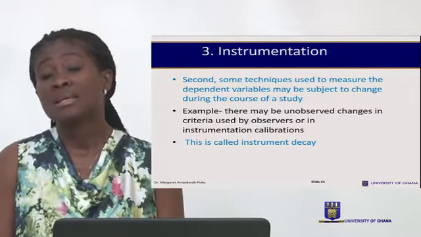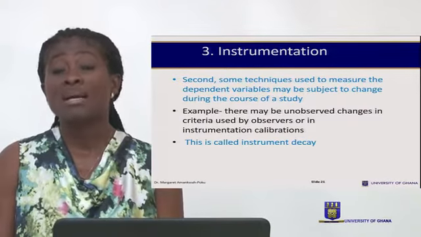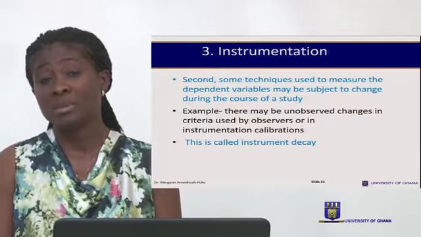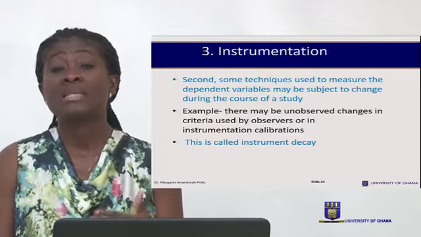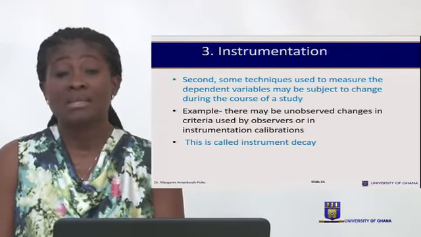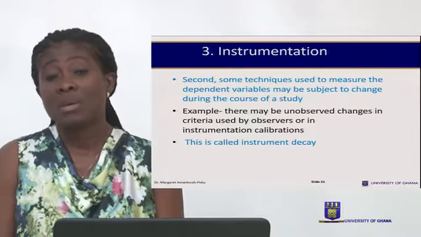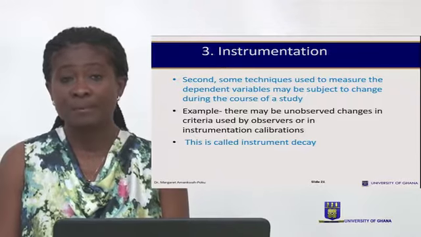That was instrument decay setting in. I had to go back, change the batteries in the monitor, and retake the measures. Imagine that I just measured one person per day and didn't notice that the readings were the same. It means that I would have had instrument decay setting in as an extraneous variable.